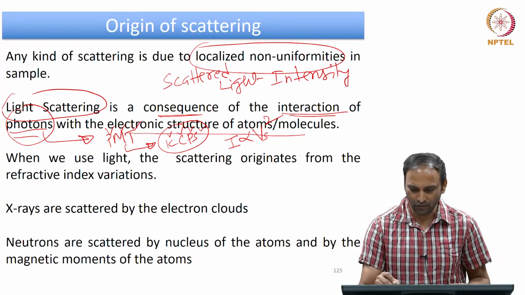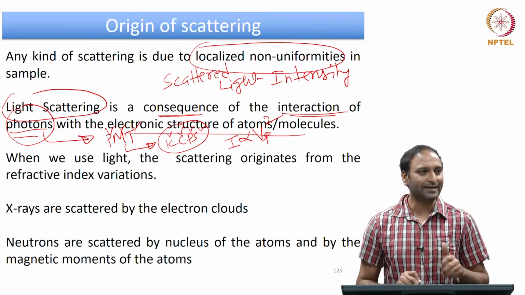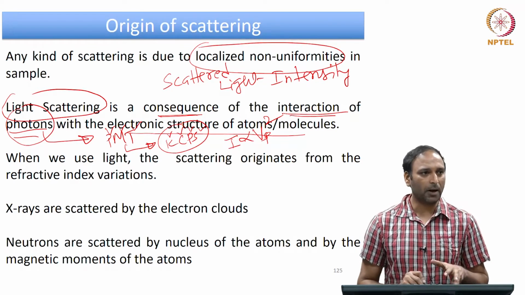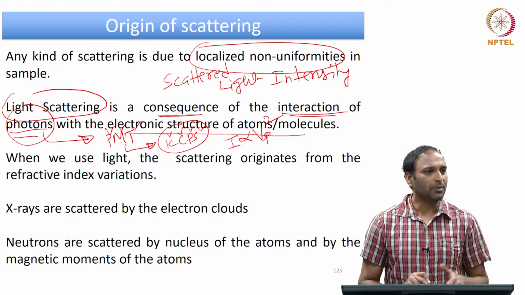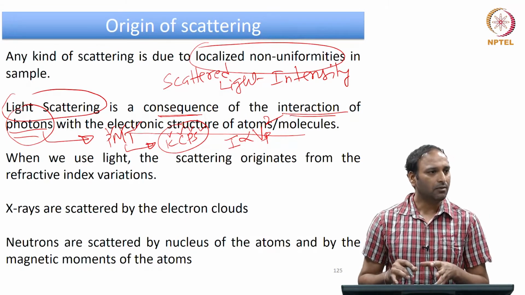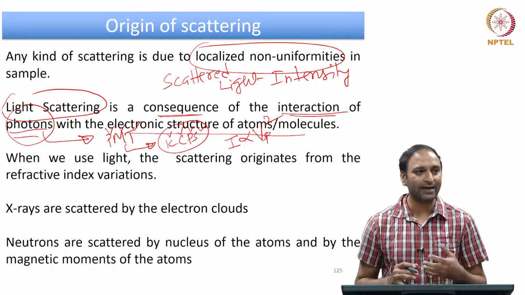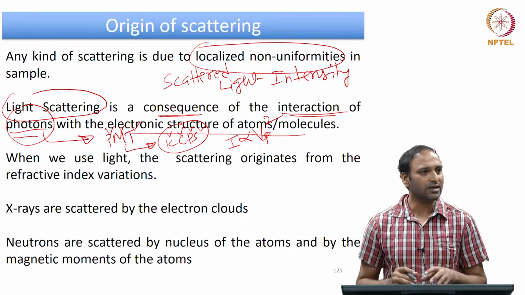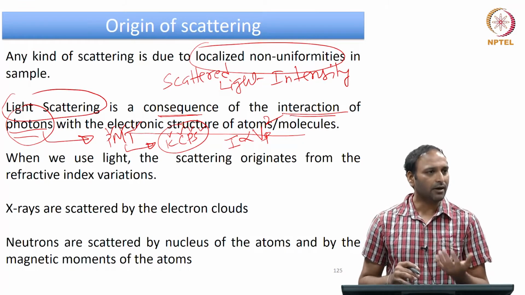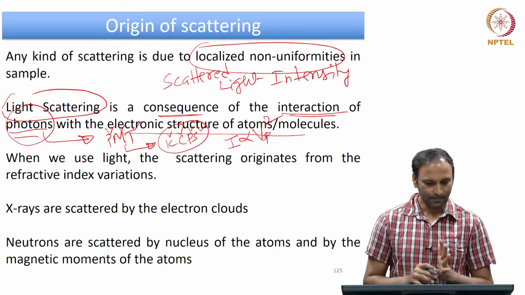If Vp is the volume of the particle in the dispersion, the scattered intensity goes as volume of the particle to the power 2. That means larger particles will scatter more light, or the intensity of the light scattered by a larger particle is higher compared to that scattered by a smaller particle. Okay.